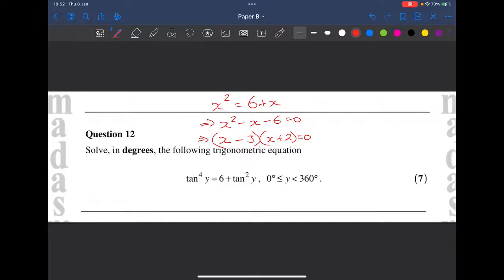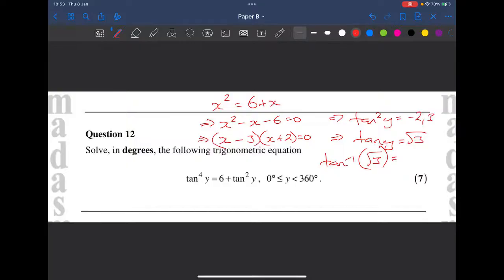So what that's going to tell us then is tan squared of y is equal to either minus 2 or 3. So tan squared can never be minus 2. It can only be positive 3. So tan squared is going to equal 3, or tan by itself is going to be the square root of 3. So if we do the inverse of tan of root 3, what do we end up getting? Let's ask the calculator.